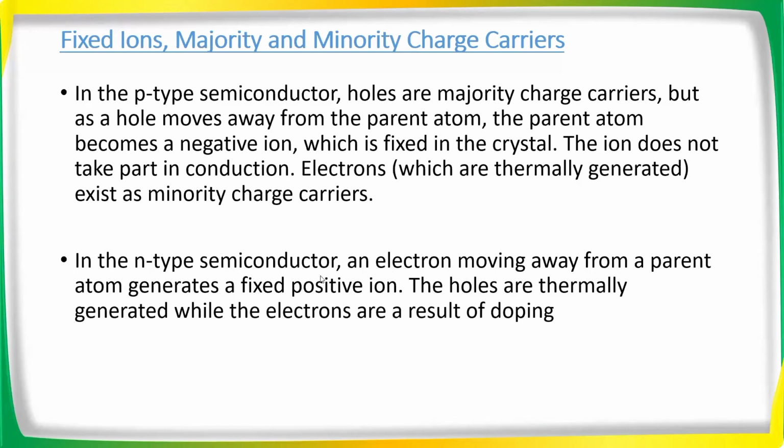Now that the electron is moving away from the parent, it becomes a positive ion. The phosphorus becomes a positive fixed ion. The holes are thermally generated. Electrons are the majority charge carriers. So we have fixed ions, majority charge carriers, and minority charge carriers.